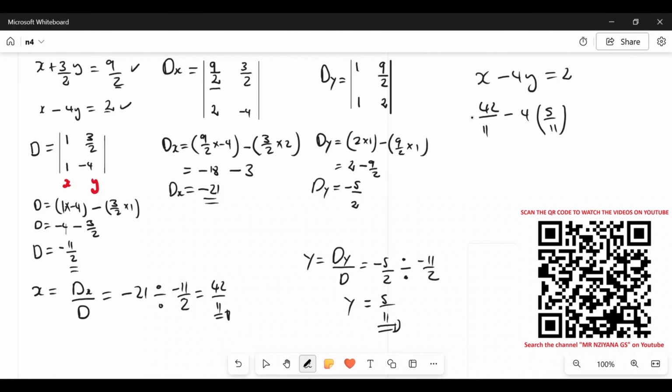If you put this on your calculator, this is going to give us 2. There we go, which is the same as the 2 there. So guys, the checking is not necessary. I was just showing you that you can always check on your own after you have found your x and y. I hope this video helped you to understand how to calculate these unknown values.